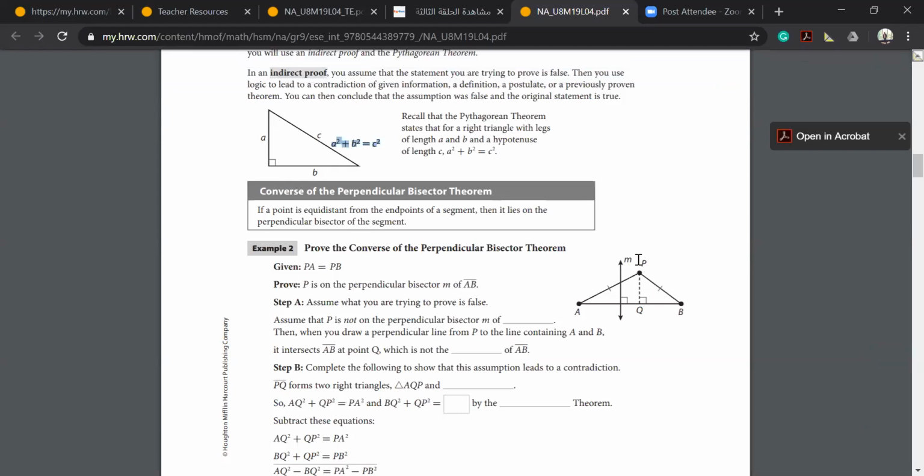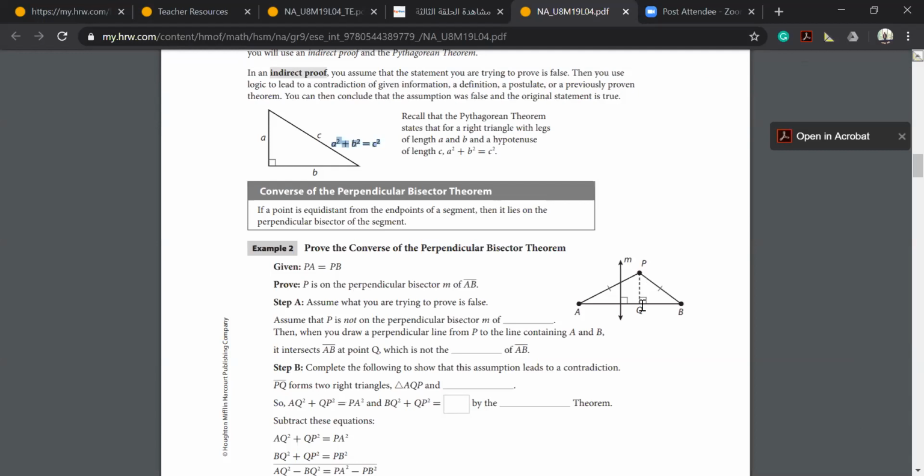First of all, let's say that point P was not on the perpendicular bisector. And then we will work our way through until we can prove that actually, no, PQ is on the perpendicular bisector. Anyway, don't bother yourself with the word indirect proof. I'm going to tell you how to use it.